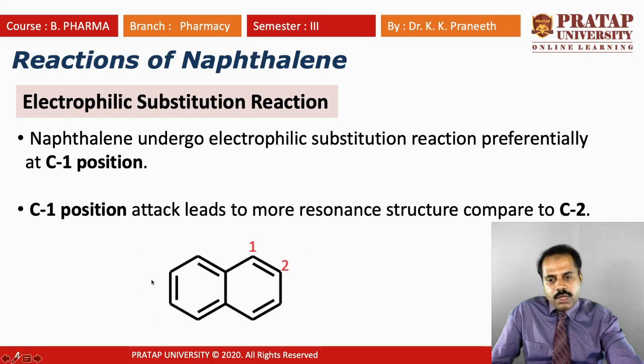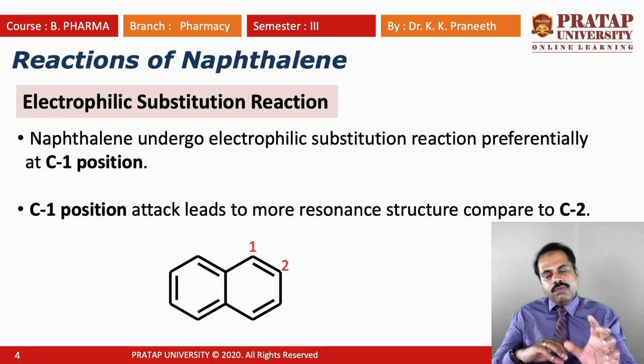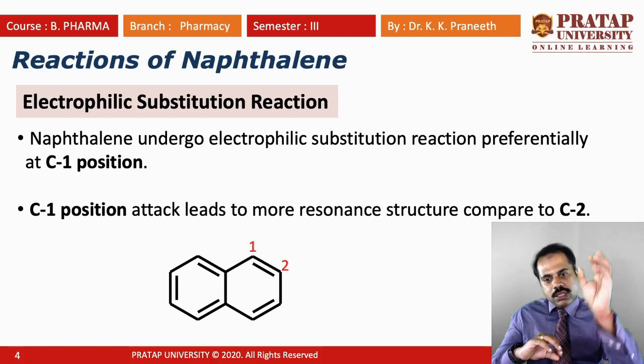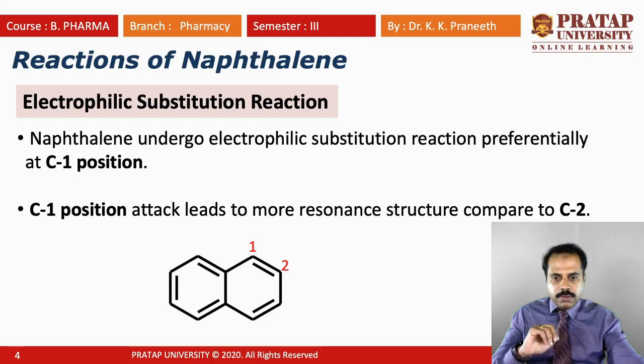Here I have depicted the naphthalene structure with the numbering scheme, right? This is number 1 and this is number 2. This carbon is numbered as C1, and this carbon is numbered as C2. Now let's see how the electrophilic reaction occurs at the C1 position and C2 position, and what resonance structures are possible.